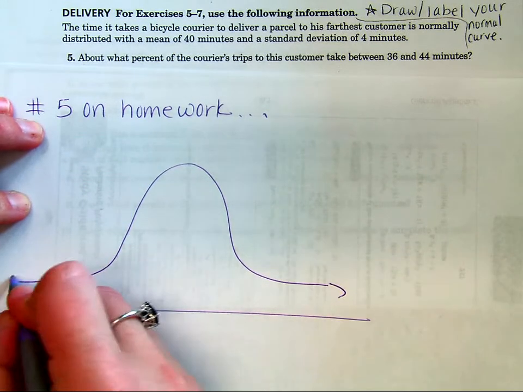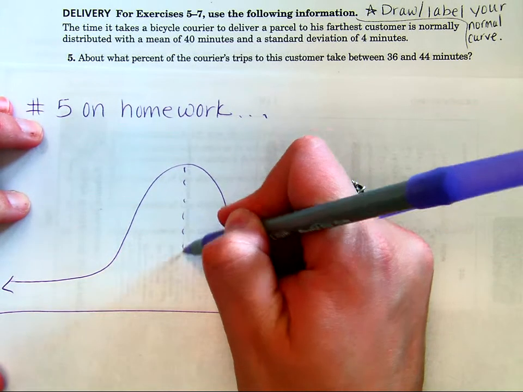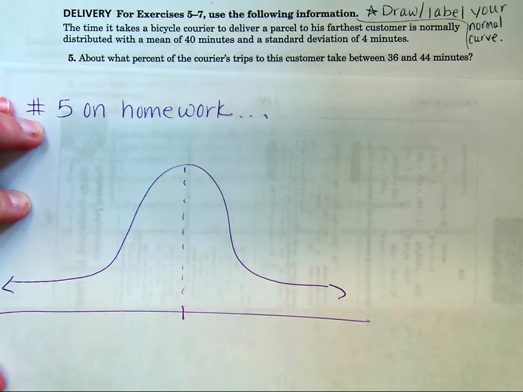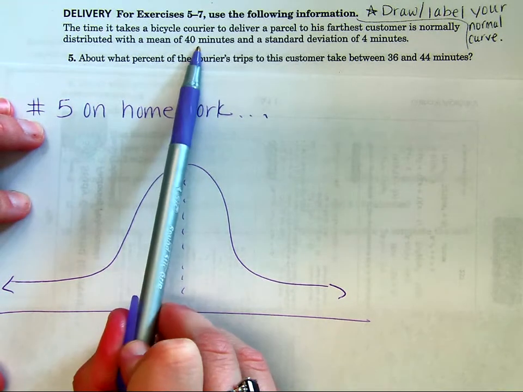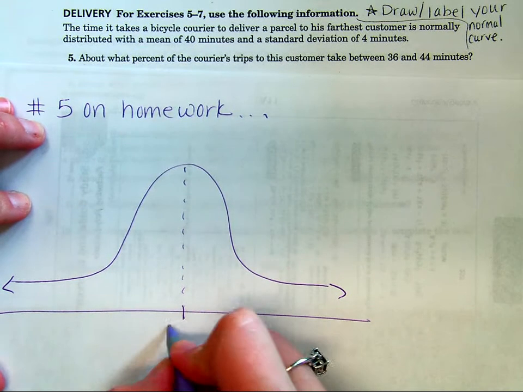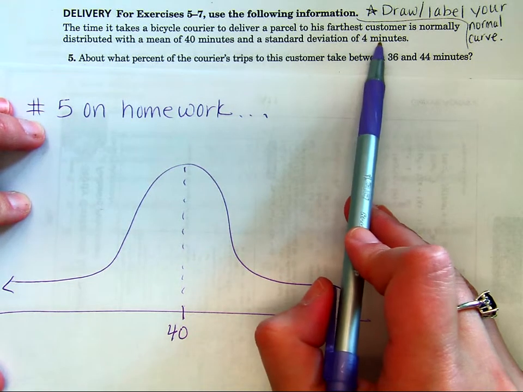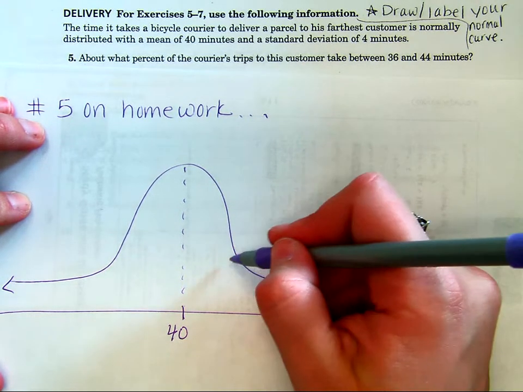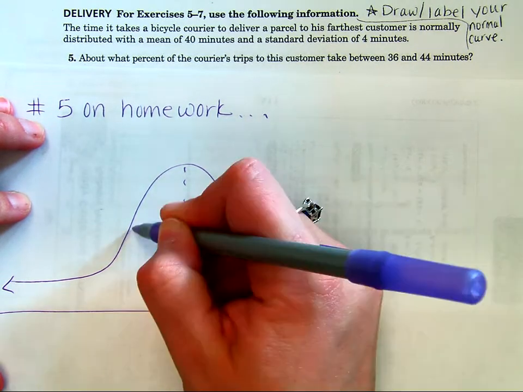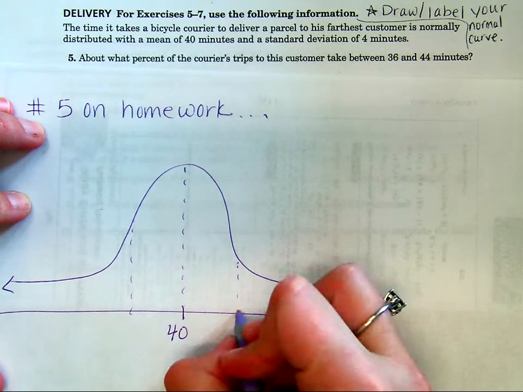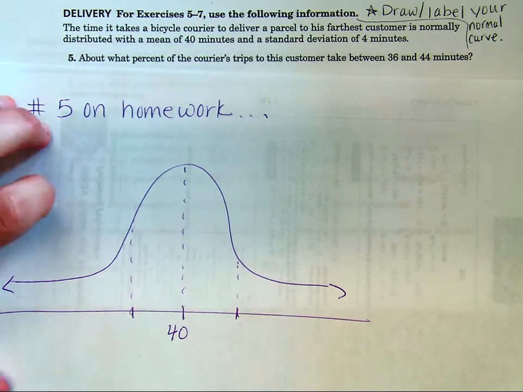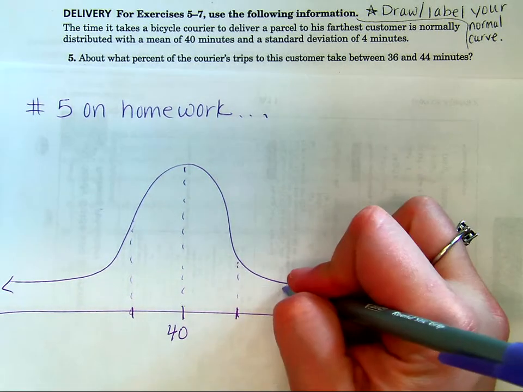Okay, so in the middle, you always start with your mean in the middle. It tells you the mean is 40 minutes. So I'm going to put 40 in the middle. Now my standard deviation is 4 minutes. So that's actually what I want to count by now, by 4s. So when I'm drawing my curve, you always want to start with your percents.